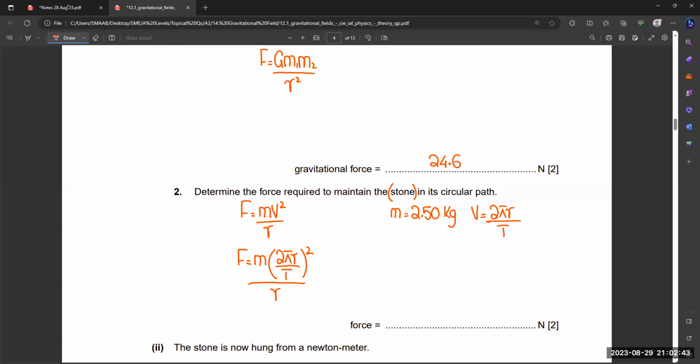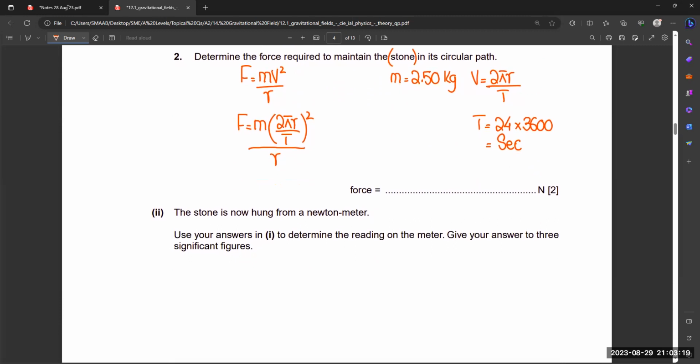So you can simply use the time period. There is a time of 24 hours, and you need to convert it into seconds, so you need to multiply it by 3600. That will give your answer in seconds. Clear? Yes. So now you can easily find the final value, and your final answer will be equal to this.